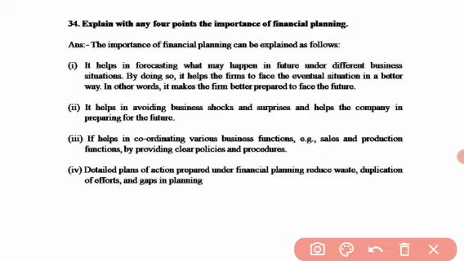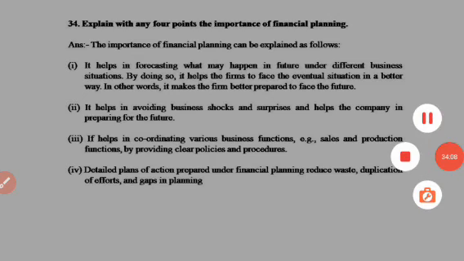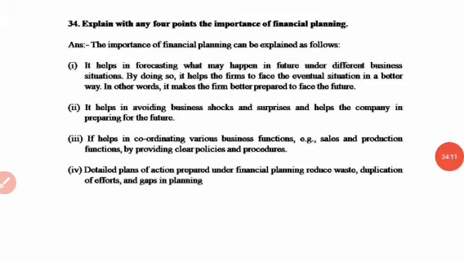So students, today we have completed the section C part of your preparatory examination question paper. In last class we have completed the 1 mark questions and 2 mark questions with answers of preparatory question paper 2021.